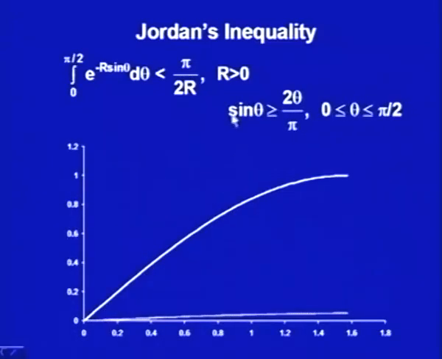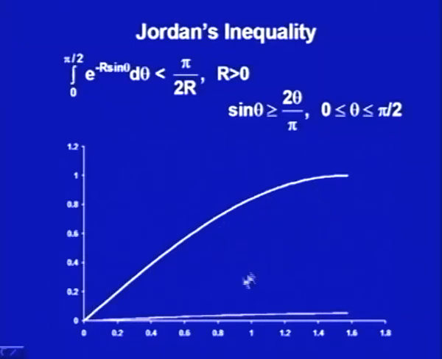If we see the curve for sin theta between 0 to pi by 2, this is the curve for sin theta, and the curve for y equal to 2 theta upon pi from 0 to pi by 2, this is the curve for y equal to 2 theta upon pi. Now, we see from here that for the complete range from 0 to pi by 2, this function 2 theta upon pi is lying below the curve sin theta.